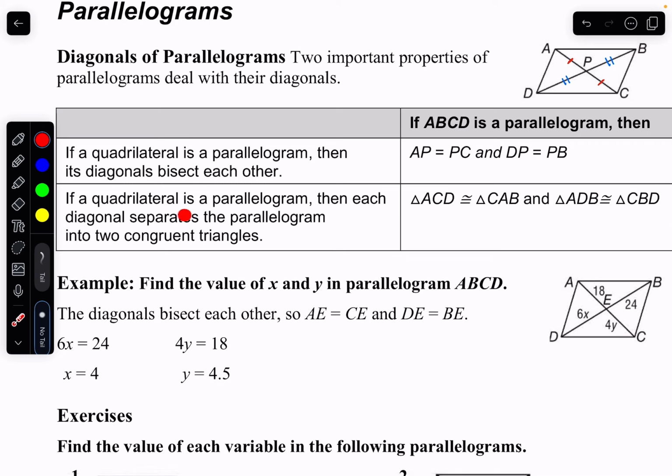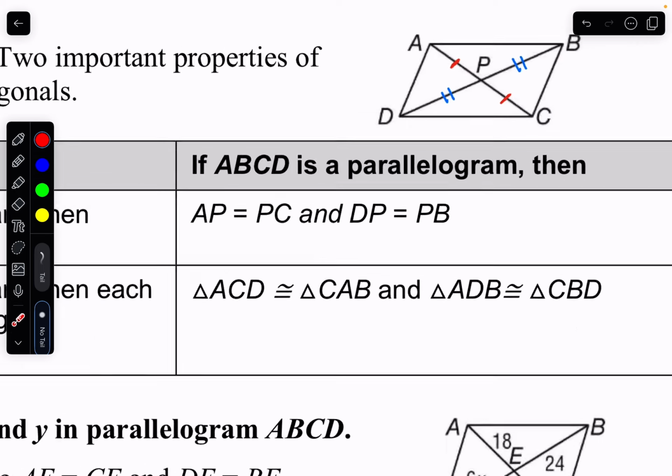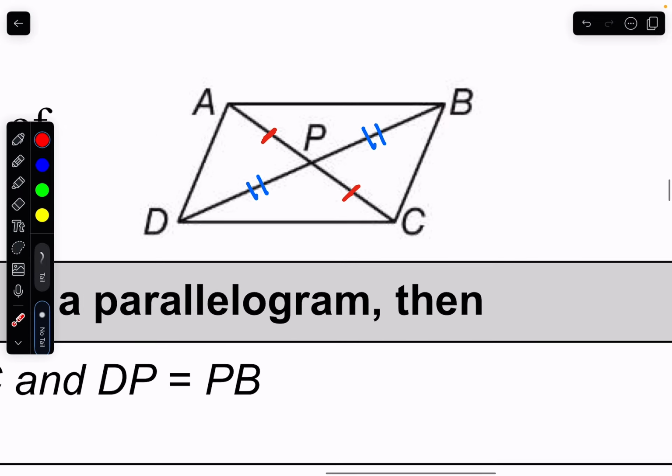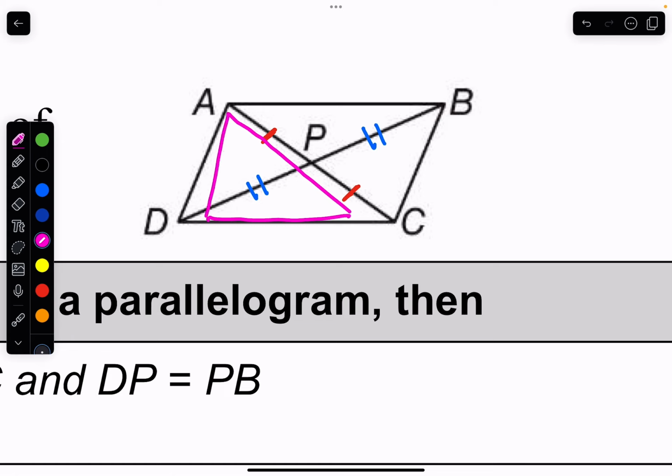Okay, if a quadrilateral is a parallelogram, then each diagonal separates the parallelogram into two congruent triangles. So what it's saying over here is that diagonal AC is splitting the parallelogram into, let me see if I can color code this for you to see, this triangle is going to be congruent to that triangle.